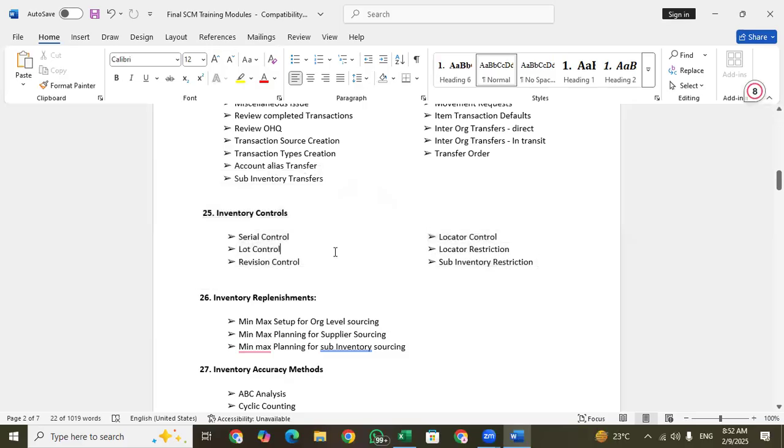They just go directly to the system and search for that item. The system gives the exact location. At the location level, the picking person goes to the warehouse and picks the material. So how we can configure these controls at system level for the business, we'll discuss here.